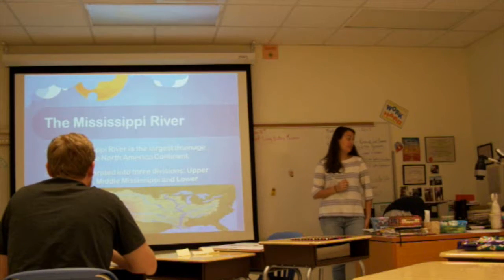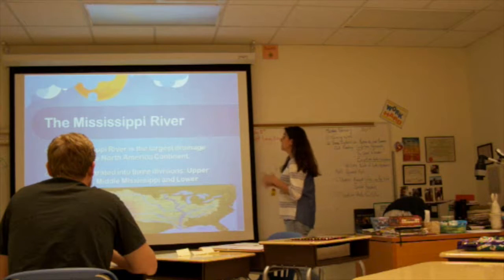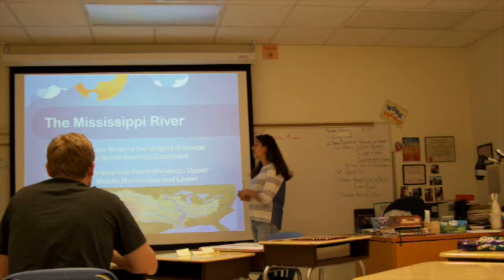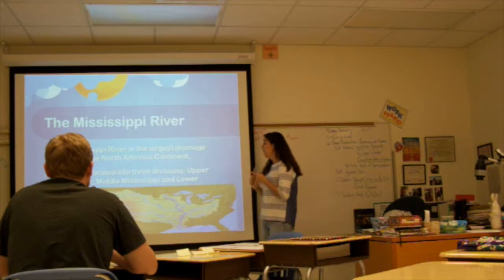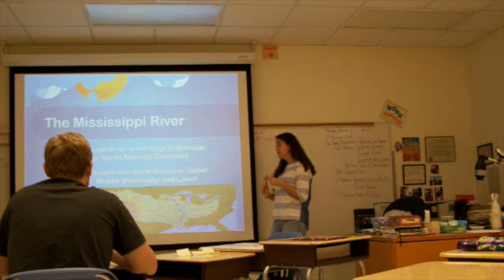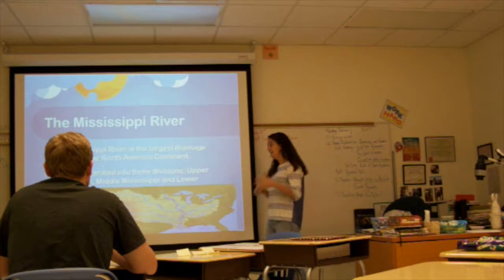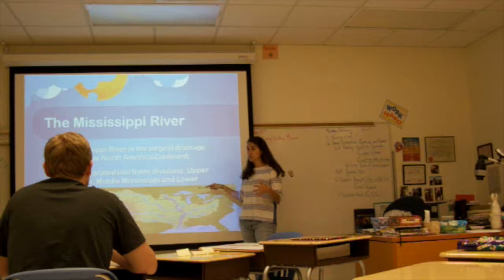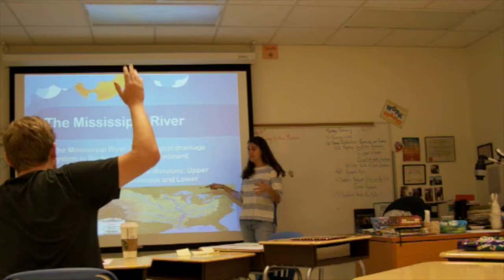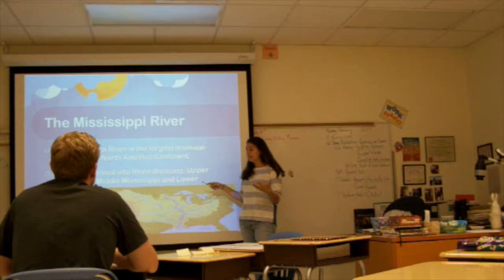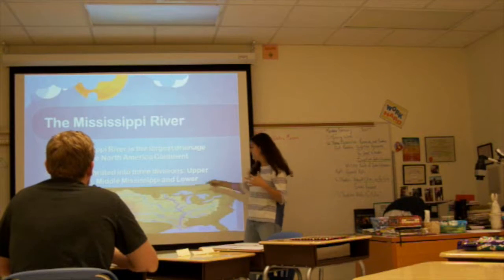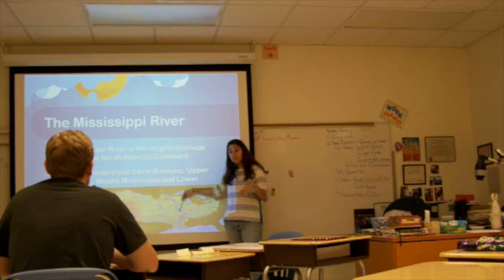The Mississippi River. The Mississippi River is the largest drainage system in the North American continent. This can be separated into three divisions: Upper Mississippi, Middle Mississippi, and Lower Mississippi. Do you think it's that big that it needs three divisions? Yes. Looks like it. And do you want to know a fun fact?